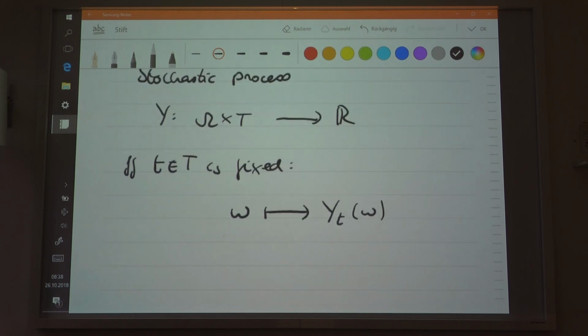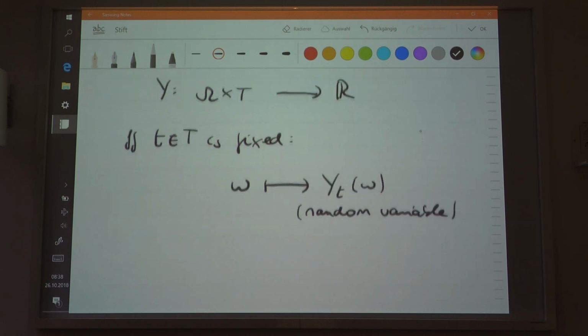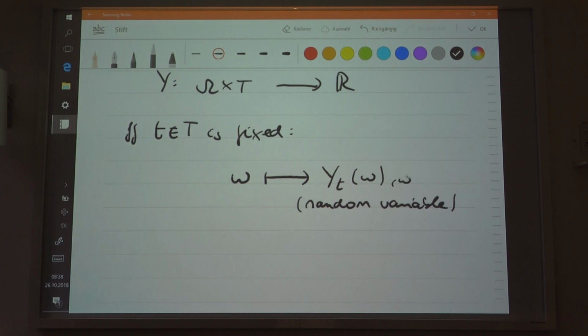So what you have here is a random variable. Because this is what the random variable does. Of course, omega is from the sample space here.